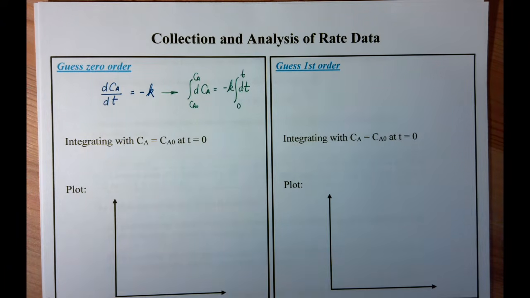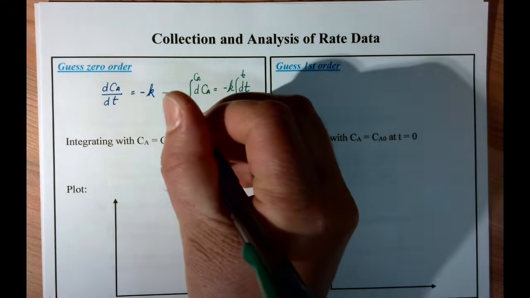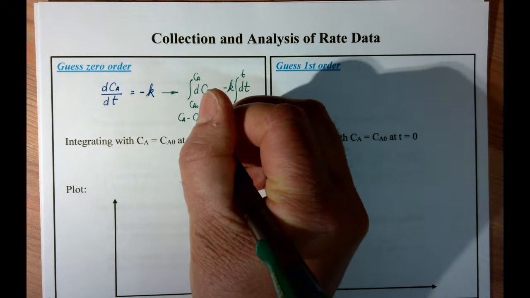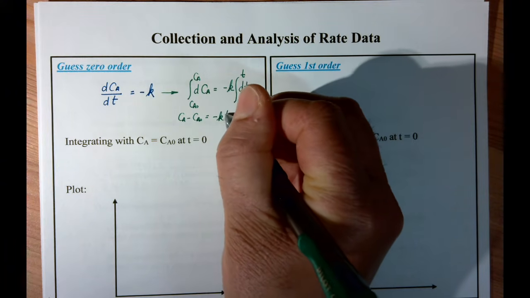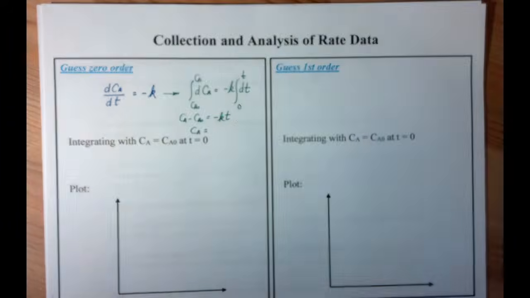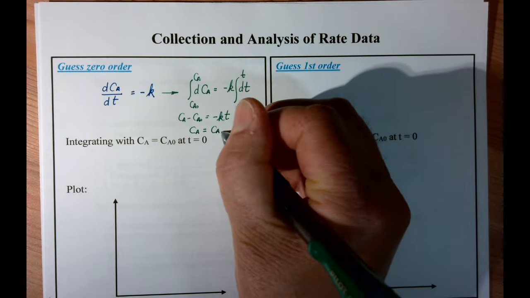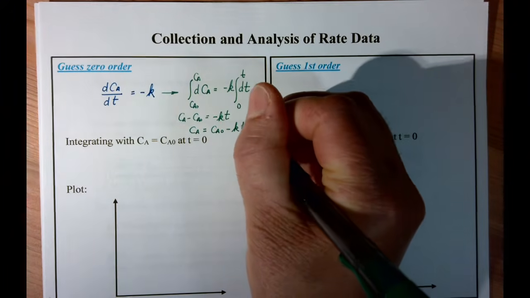Once you do this integration, you're basically going to have CA minus CA0 equal to minus kt. So the expression of CA as a function of time would be CA equal to CA0 minus kt.